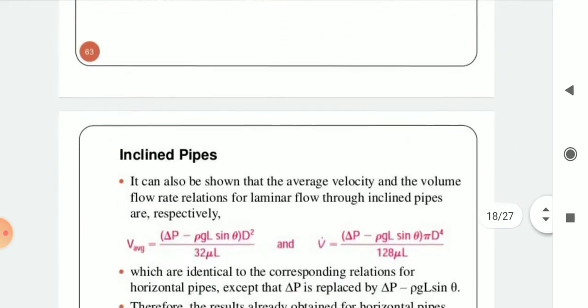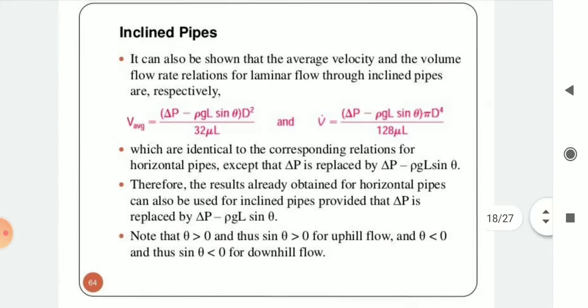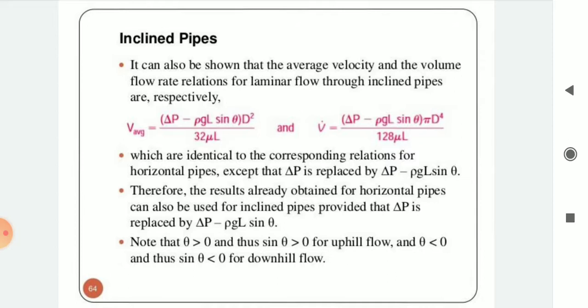It can also be shown that the average velocity and the volume flow rate relations for laminar flow through inclined pipes are, respectively, V_avg = (ΔP − ρgL sin θ)D²/32μL and V̇ = (ΔP − ρgL sin θ)πD⁴/128μL, which are identical to the corresponding relations for horizontal pipes, except that ΔP is replaced by ΔP − ρgL sin θ.